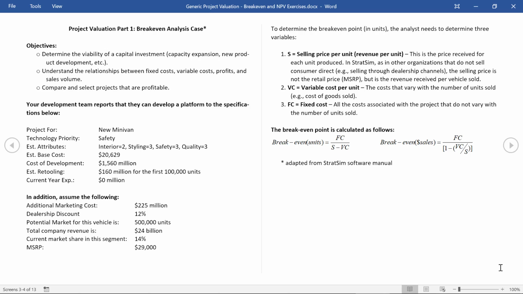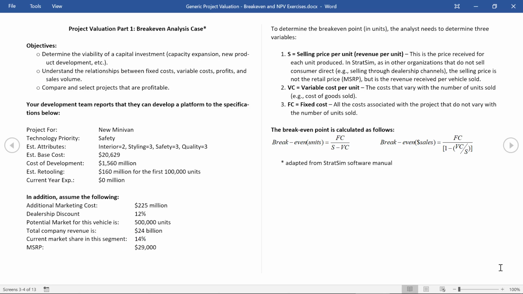So you've got your team's estimate, as you can see in the details here, of the base cost, the development cost, and how much they'd actually like to spend on advertising once you launch it, and also what a suggested price is for the minivan.